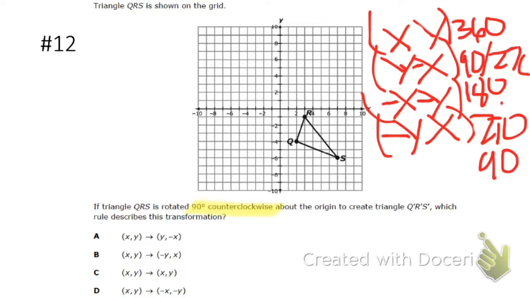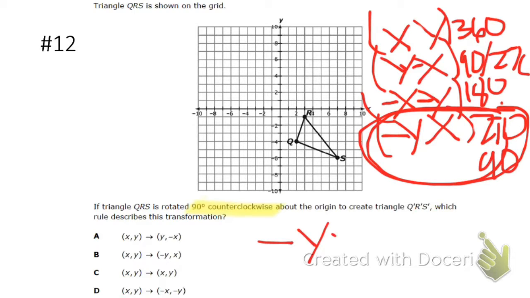Once you remember all that, you look at it says 90 degrees counterclockwise. Counterclockwise is going to be this last one right here. It's going to be negative y and x. So I just look through my answer choices, and the answer choice is going to be B.